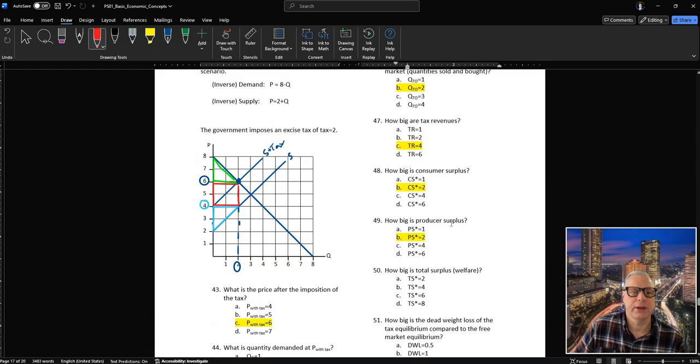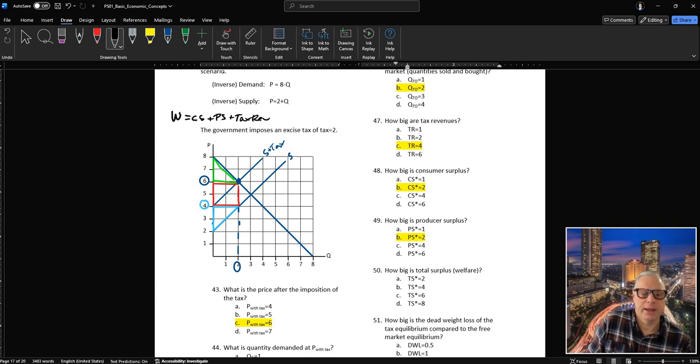And when it comes to total welfare, you have to always remember that total welfare is consumer surplus plus producer surplus plus tax revenue, and then later it's also minus subsidy cost, and then also plus social benefit minus social cost.